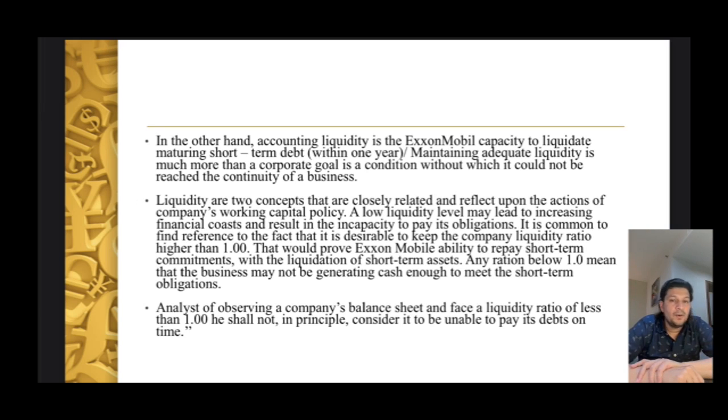Any ratio below 1.0 means that the business may not be generating enough cash to meet short-term obligations. When observing a company balance sheet and facing a liquidity ratio of less than 1.00, it shall not, in principle, be considered unable to pay its debts on time.